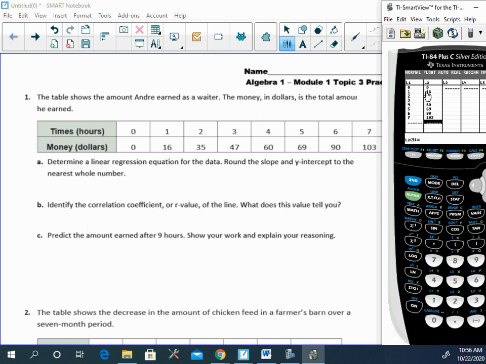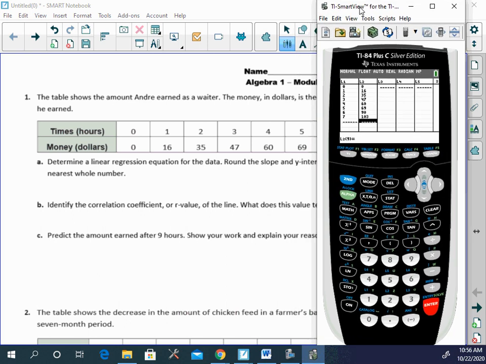And you should have the same amount of numbers in your L1 as you do in your L2. If there's more over here or more over here, you messed something up. And it's not a bad idea to double check your data, because if your data is messed up, it's going to mess up your equation, your correlation coefficient is going to be wrong, and then when you try to actually answer a question using it, it's going to be wrong.